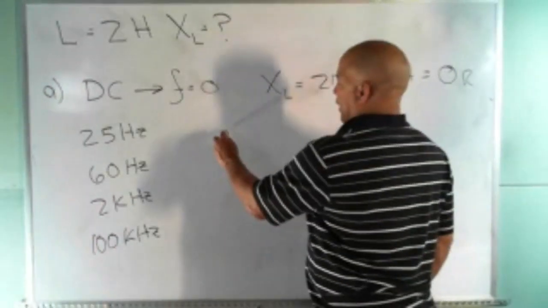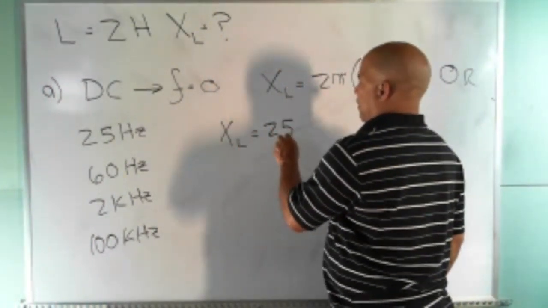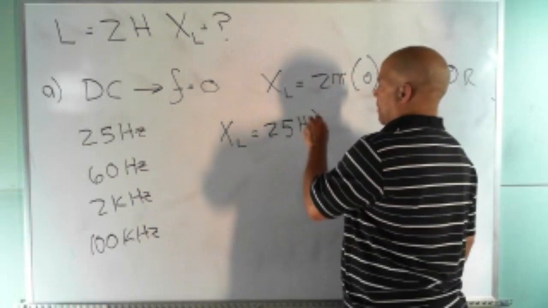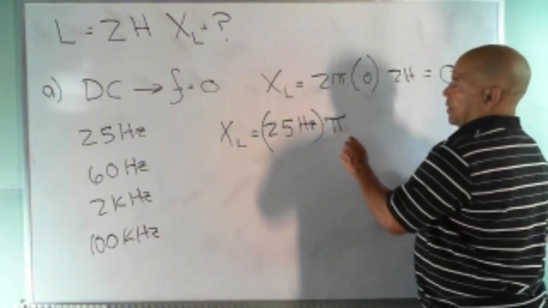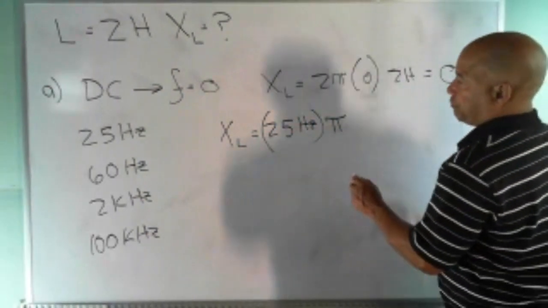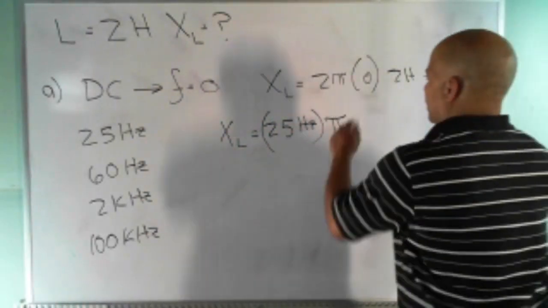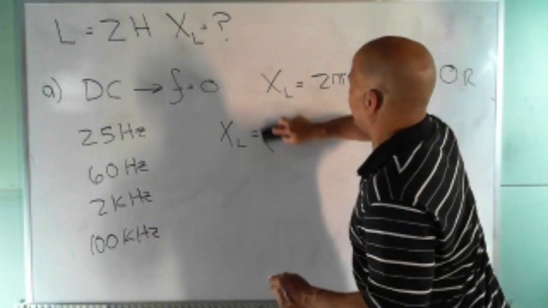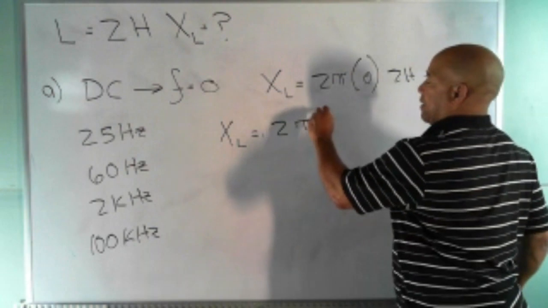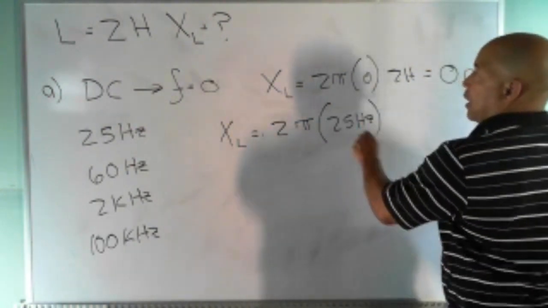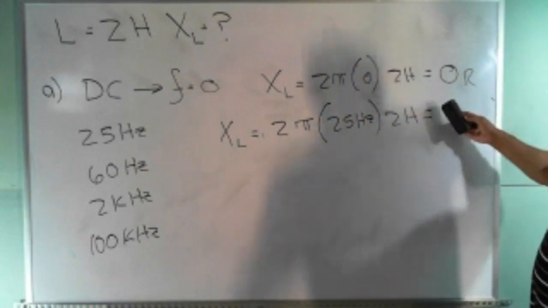For the next one, XL is 2 pi, let me put it in the same order as this. 2 pi, my F is 25 hertz, my L is 2 henries. So anybody doing the calculations, what would this one be?